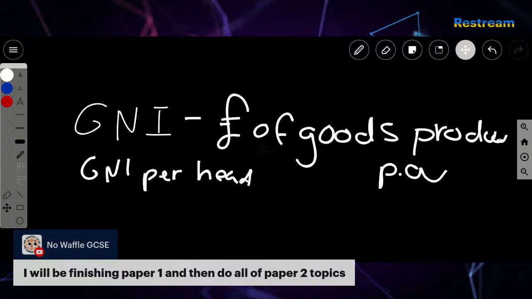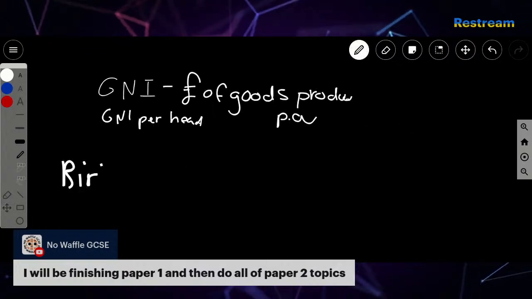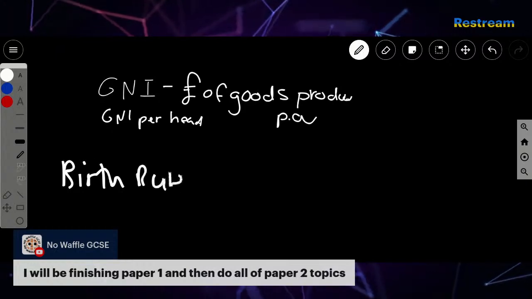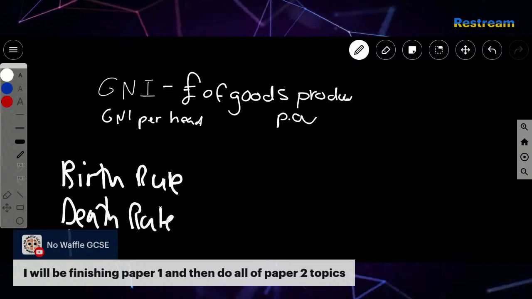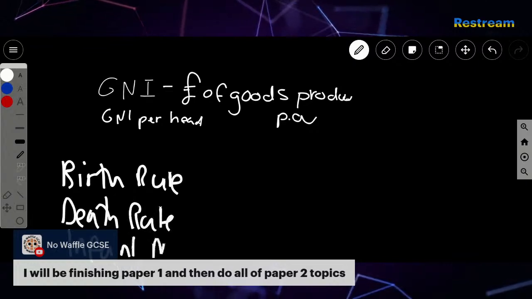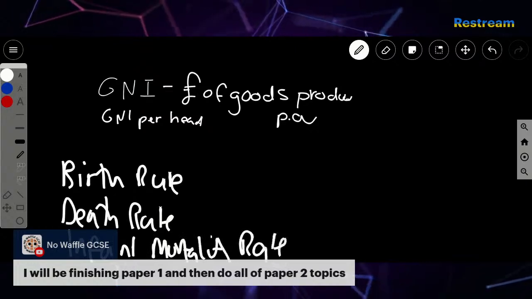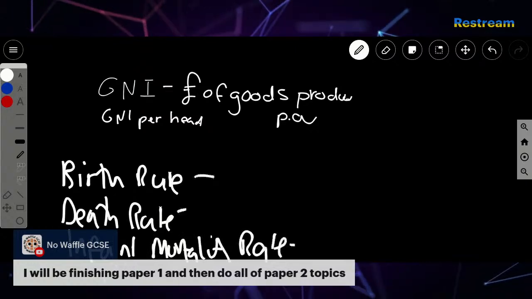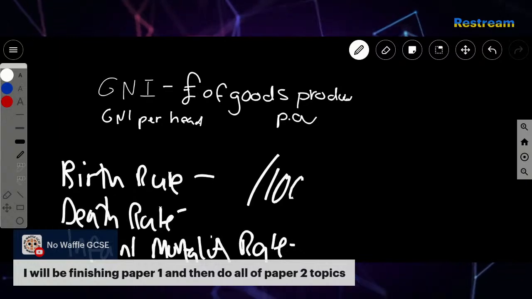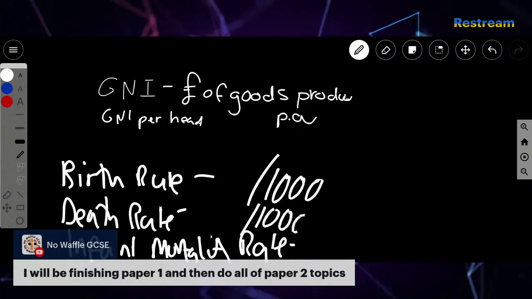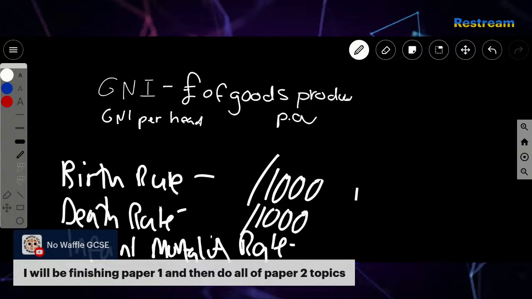We then have death rate and infant mortality rate. Now, we actually discussed birth rate and death rate, didn't we? We said these were the number of people per thousand who were being born or who were dying per year.